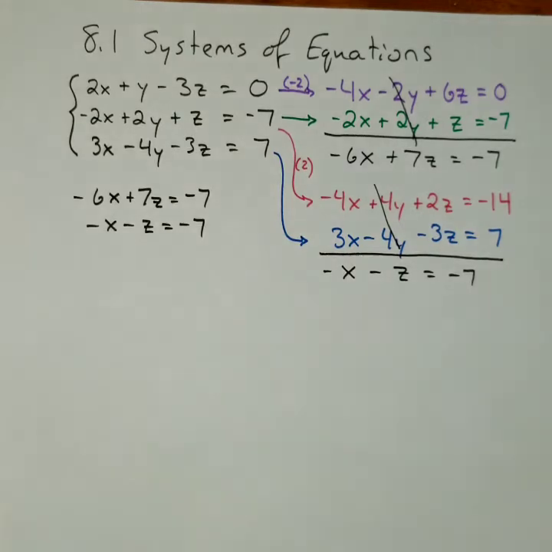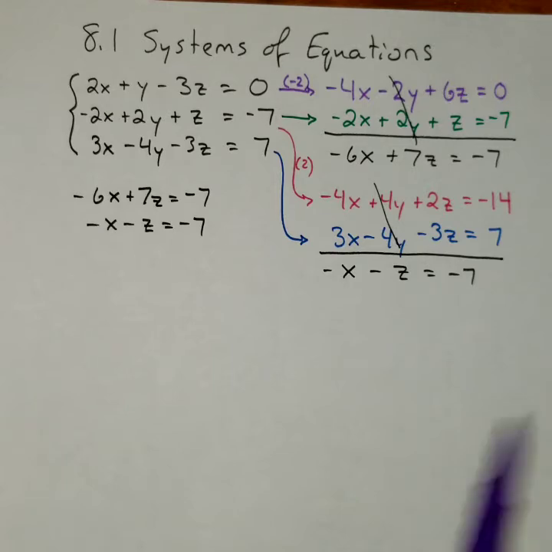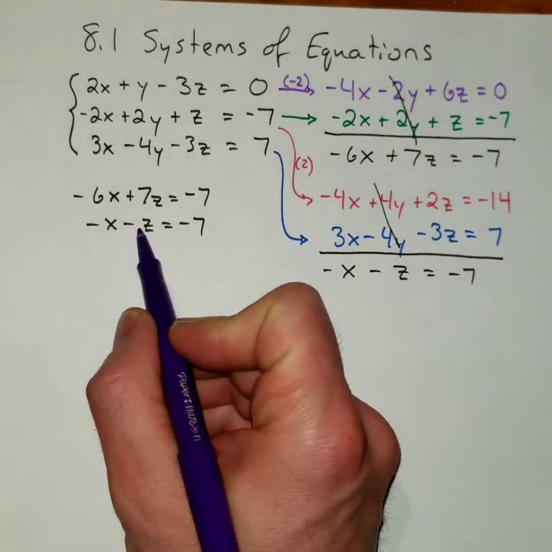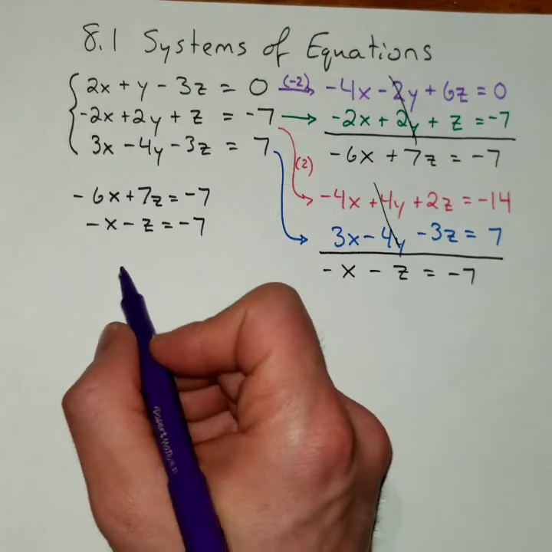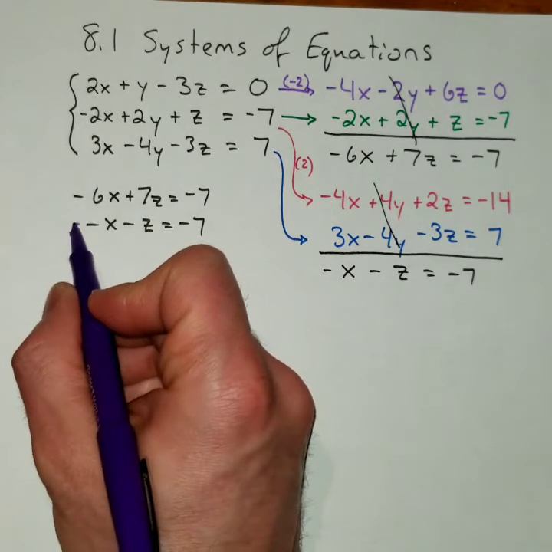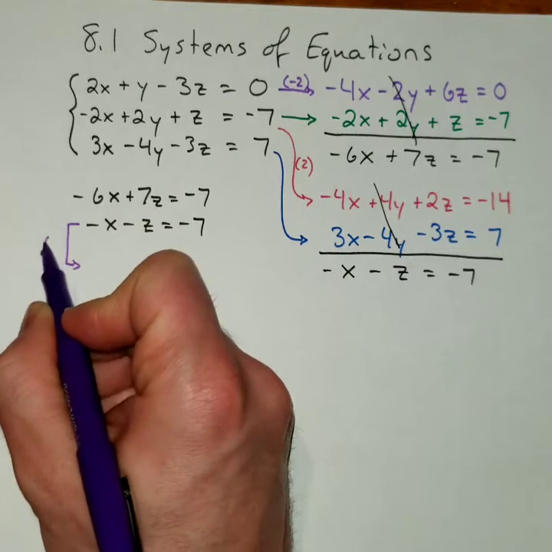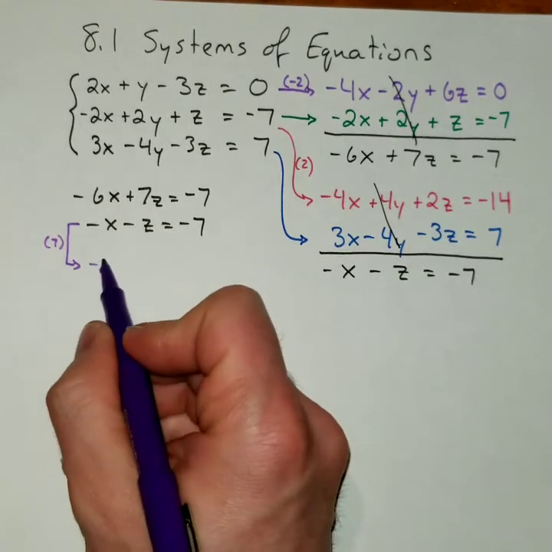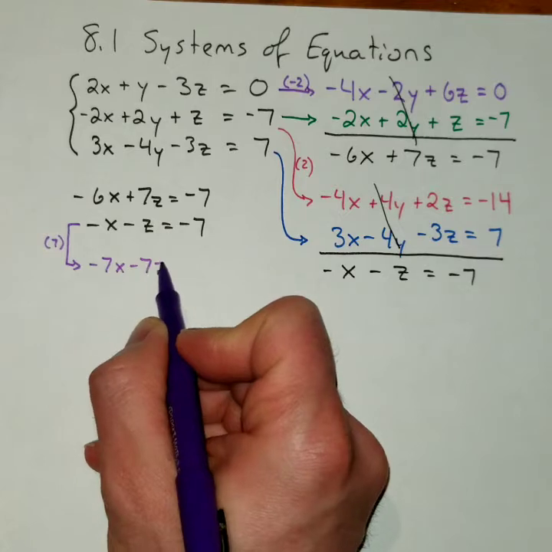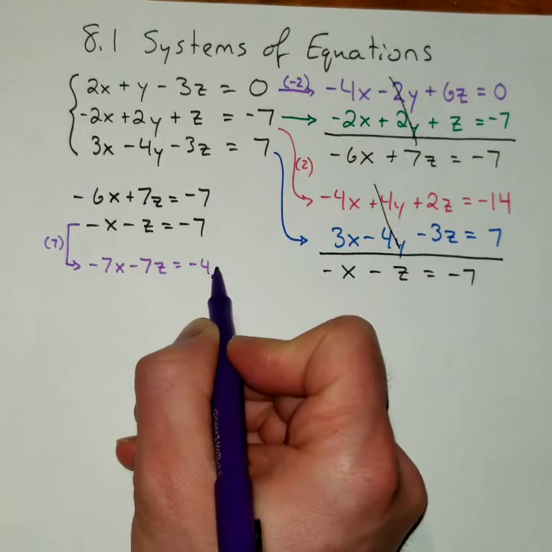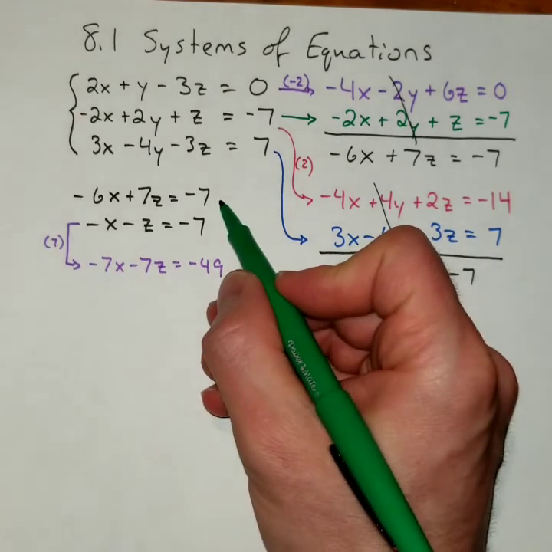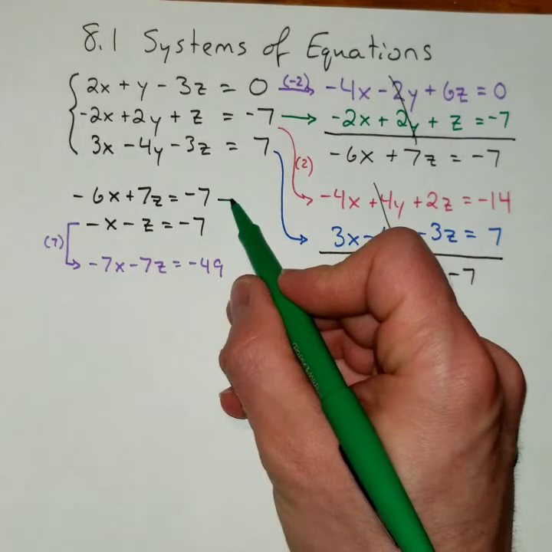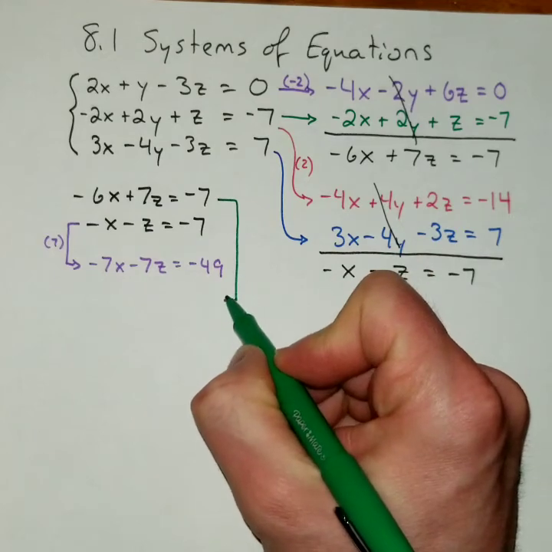Let's go with the z's here. So if I eliminate the z's, I'm going to multiply the bottom equation by 7, right? So let's multiply this by 7. That gives me -7x minus 7z equals -49. And then let's keep the top equation the same. I'll just move it down to the bottom here.